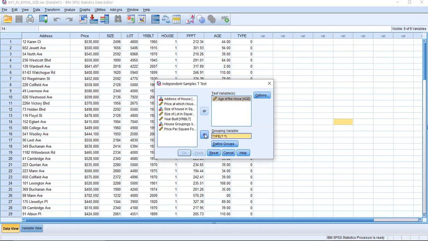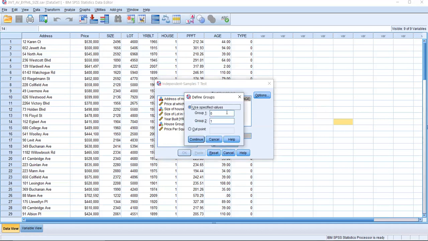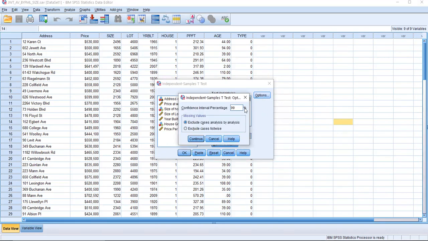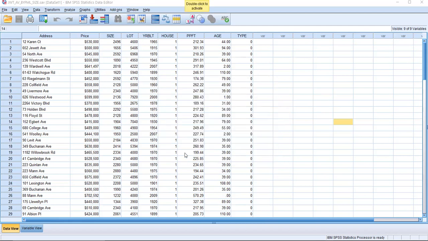1 and 2 family houses are defined as 0 and 1 in the data set, which you see here. You see the zeros and the ones here. And the option is for 99% confidence interval. And you say okay. So once you do that, what do you see? You see the results here, and you see the t-values.